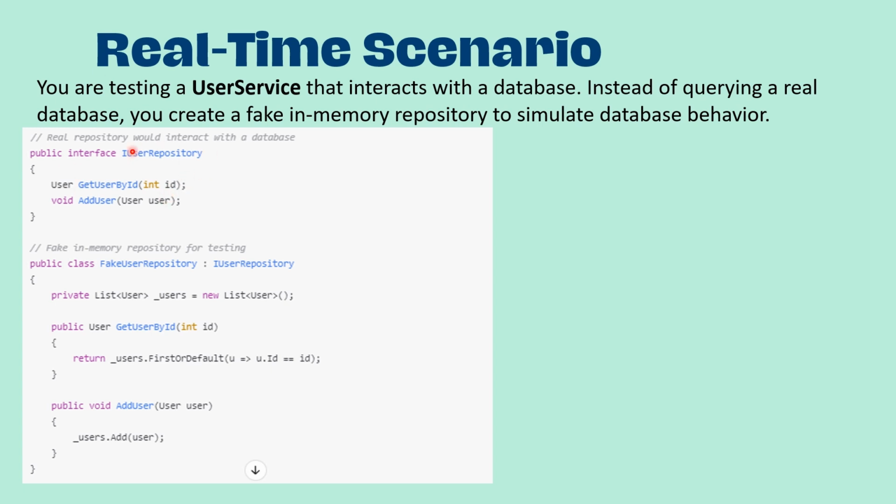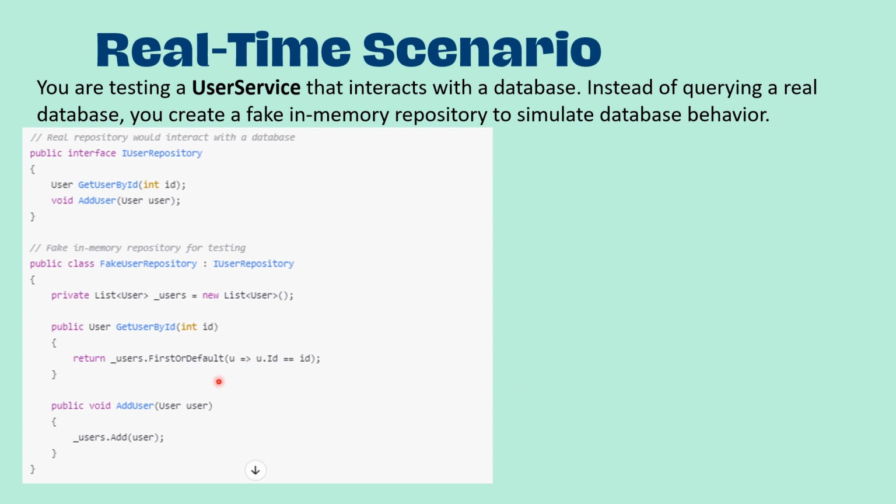Now, instead of using the actual repository, because the test is required to test the service which uses this user repository, we are going to create a fake repository itself. This fake repository will be similar to the real repository, but it's not going to communicate with the database. It's going to return fake data which we are going to create inside this repository, right?